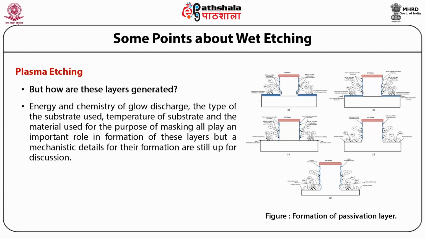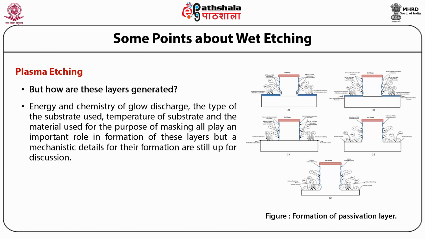Energy and chemistry of the glow discharge, the type of substrate used, temperature of the substrate, and the material used for the purpose of masking all play an important role in the formation of these layers.